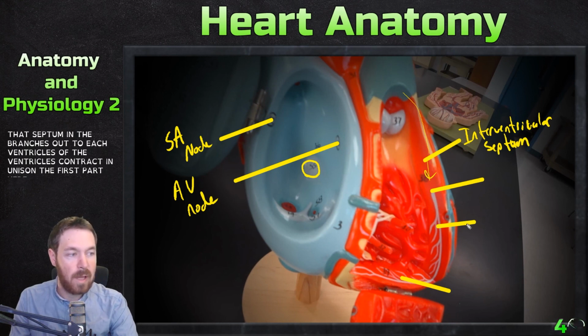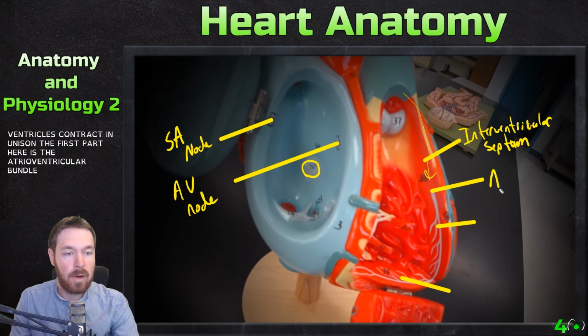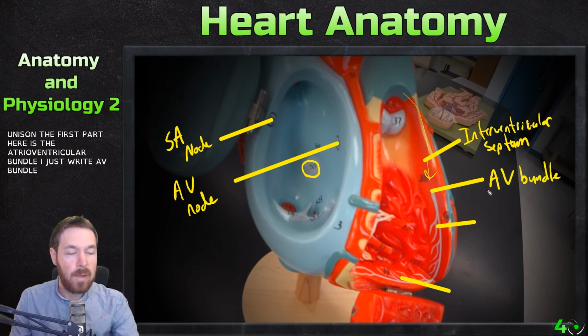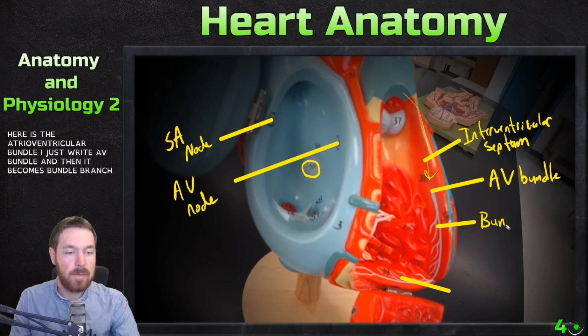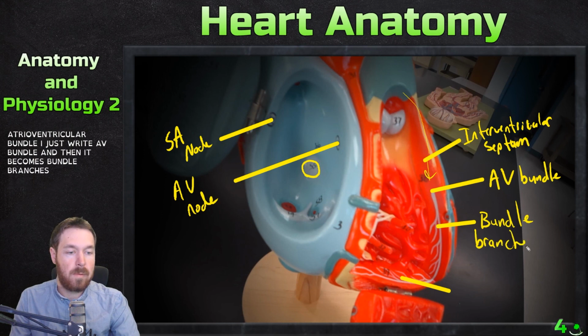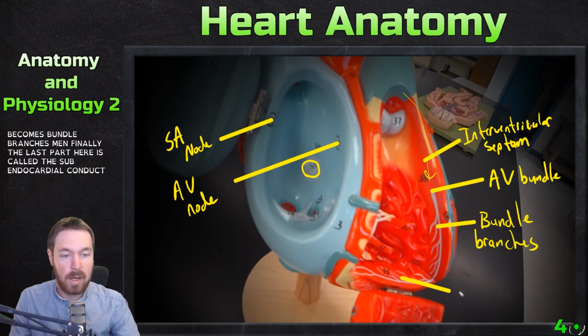The first part here is the atrioventricular bundle. I'll just write AV bundle. And then it becomes bundle branches. And then finally, the last part here is called the subendocardial conducting network.